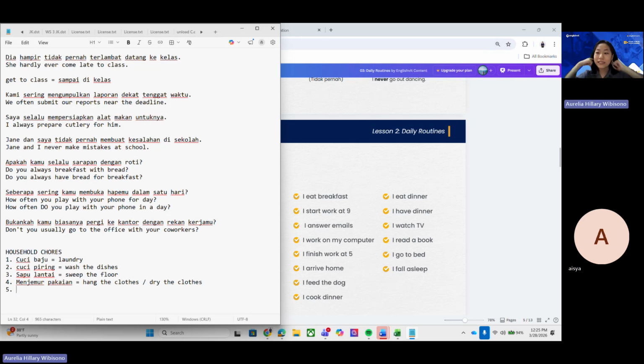It depends on the method. If you use a machine to do the work, you can call it dry the clothes. But if you have to hang the clothes under the sunlight, you can say hang the clothes. Okay, hang the clothes. All right.